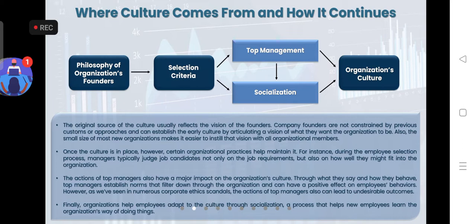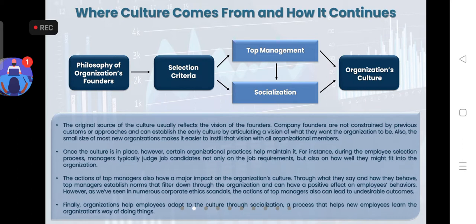For example, when you apply for a job, managers typically judge job candidates not only on the job requirements, but also on how they might fit in the organization. That's why they have the interview, the assessment, and so forth.